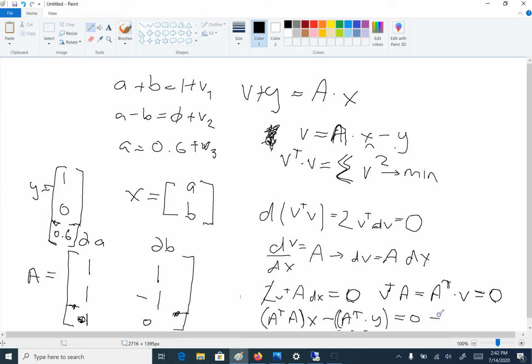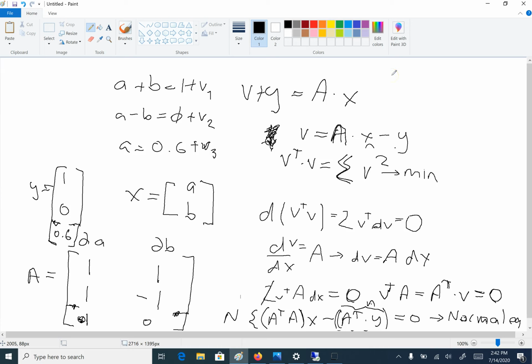And this is what's going to be called our normal equation. We can also represent this A transpose A as big N, the normal matrix, and A transpose Y as the little n, the normal vector.